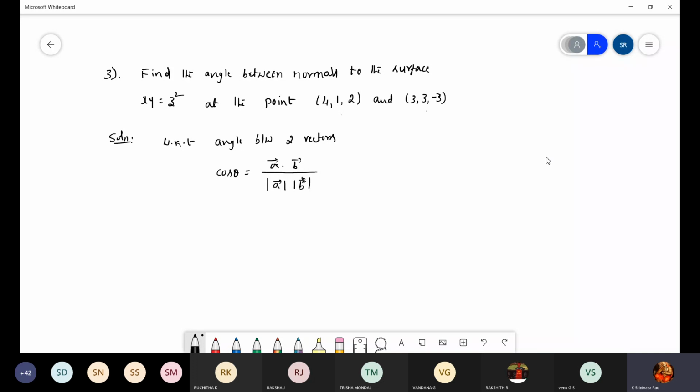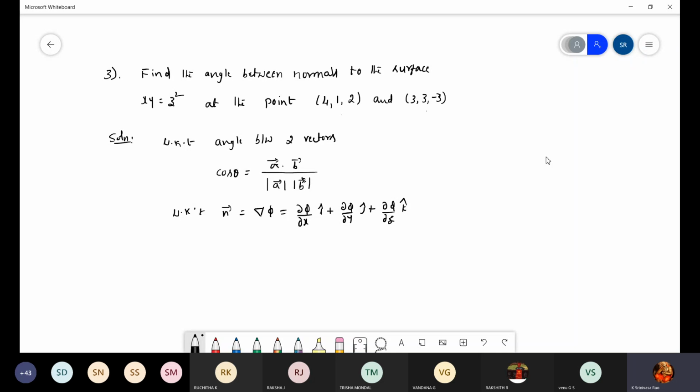Next we know that normal vector n equals grad phi, and you can write the formula also: grad phi equals dou phi by dou x i cap plus dou phi by dou y j cap plus dou phi by dou z k cap.